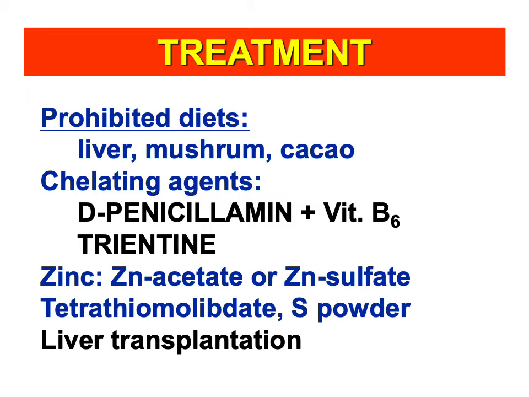And the tetrathiomolybdate and the sulfur powder may bind the copper inside the intestinal lumen and prevent it from absorption, and it will be eliminated by the feces. And in last cases, liver transplantation is the solution.